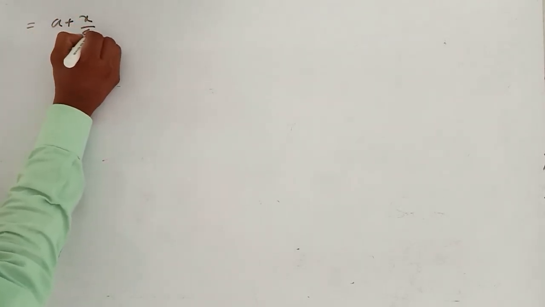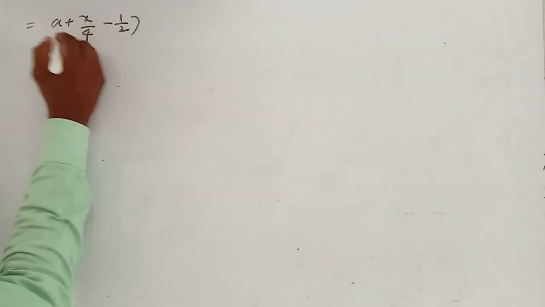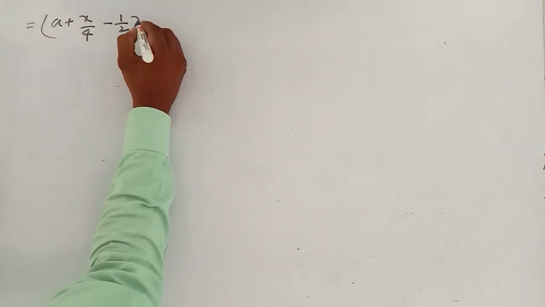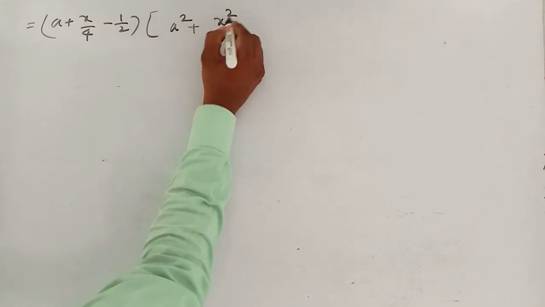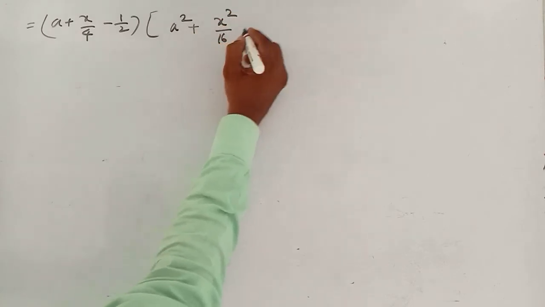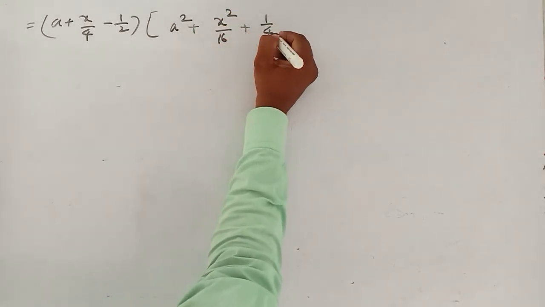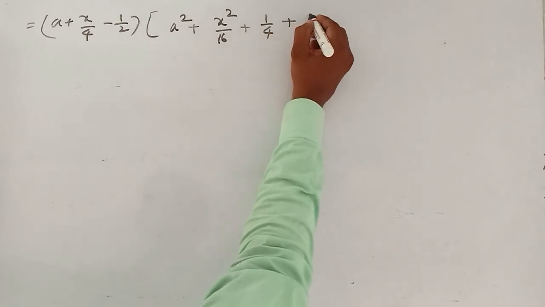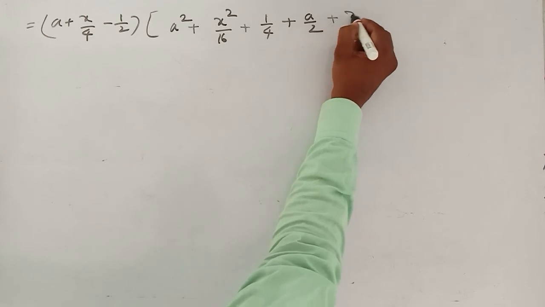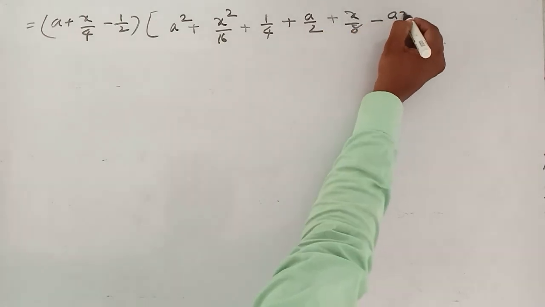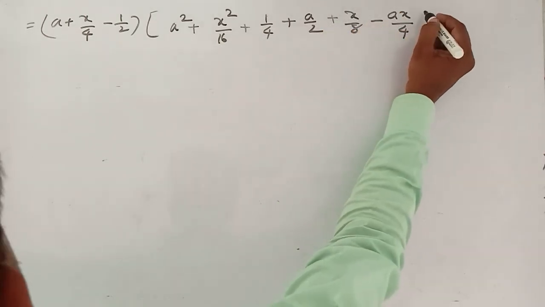That's equal to a plus x by 4 minus 1 by 2 into a square plus x square by 16 plus 1 by 4 plus a by 2 plus x by 8 minus ax by 4.